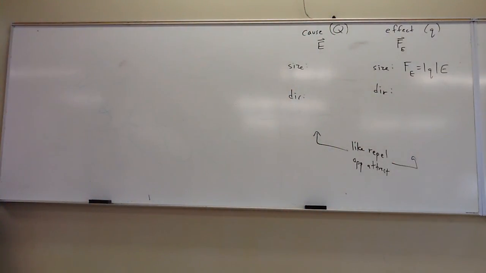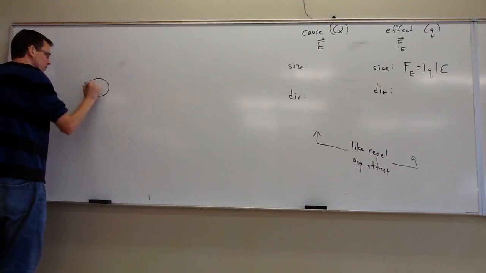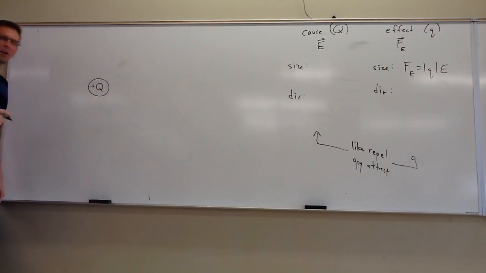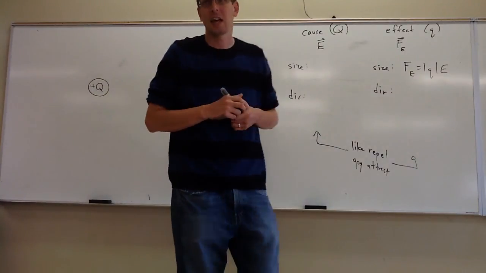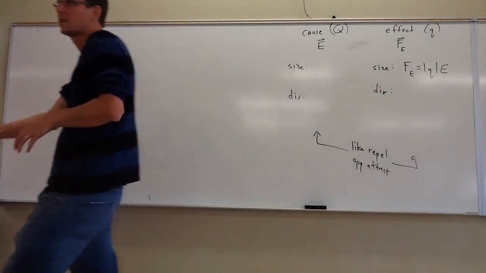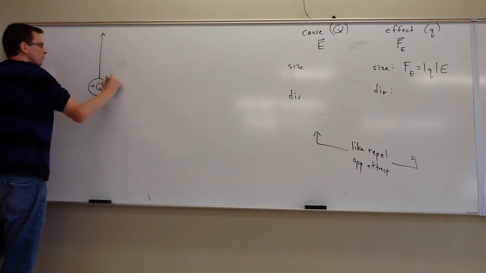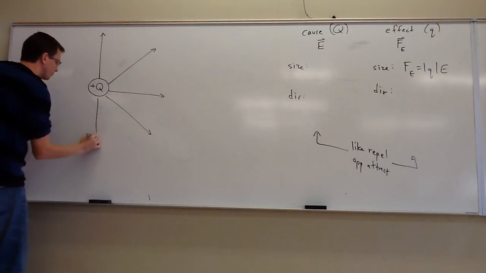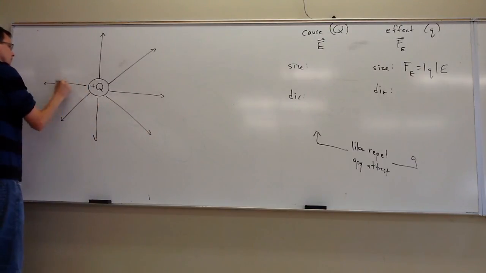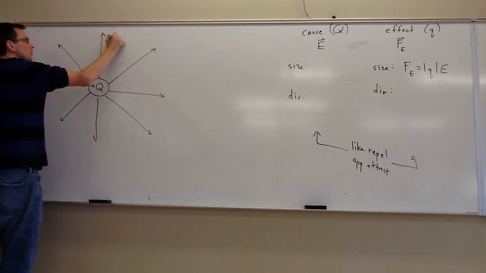So I'm going to suggest to you, and of course this is a convention, it's pretty much universally used, but it's just a convention. Instead of drawing it as just kind of a green blob, I'm going to draw it as a series of radial lines. That's my electric field.